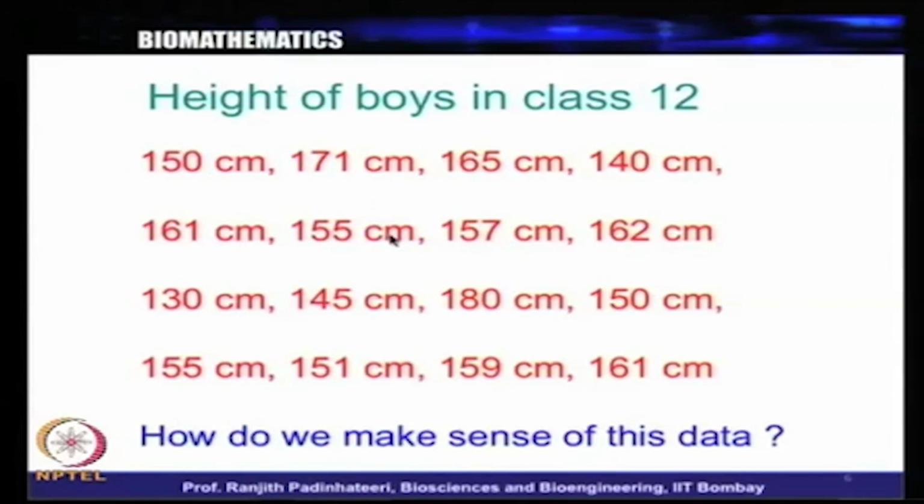You see a lot of numbers. What does it mean? Just many numbers. It doesn't make much sense. But if we present it in a particular way, is there a smart way of presenting this such that by just seeing that, you should be able to make out a lot more information than either average or standard deviation?